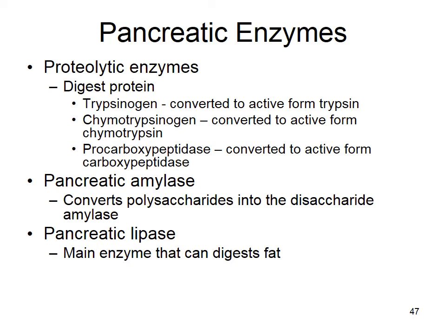Okay, and then they're going to finish digestion of all the protein. Where does protein digestion start, though? In the stomach. Okay. All three of these proteolytic enzymes work best at a neutral pH.